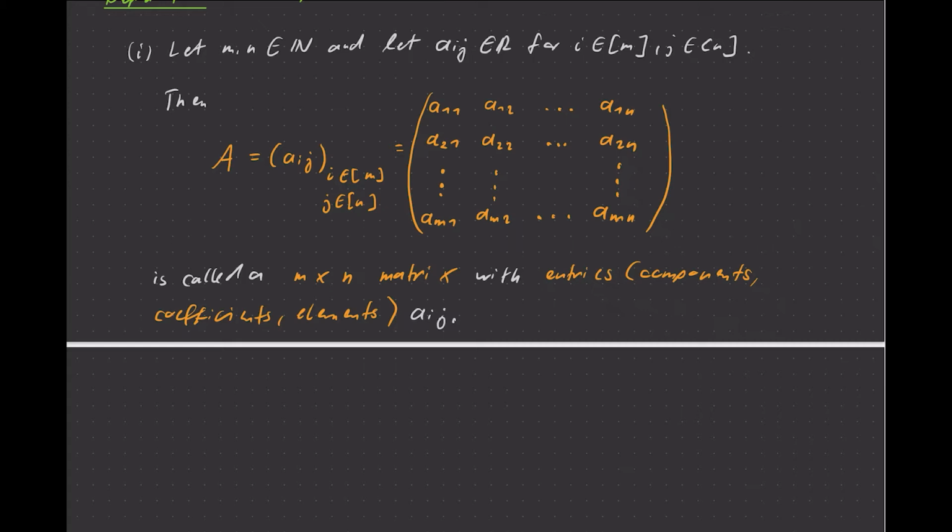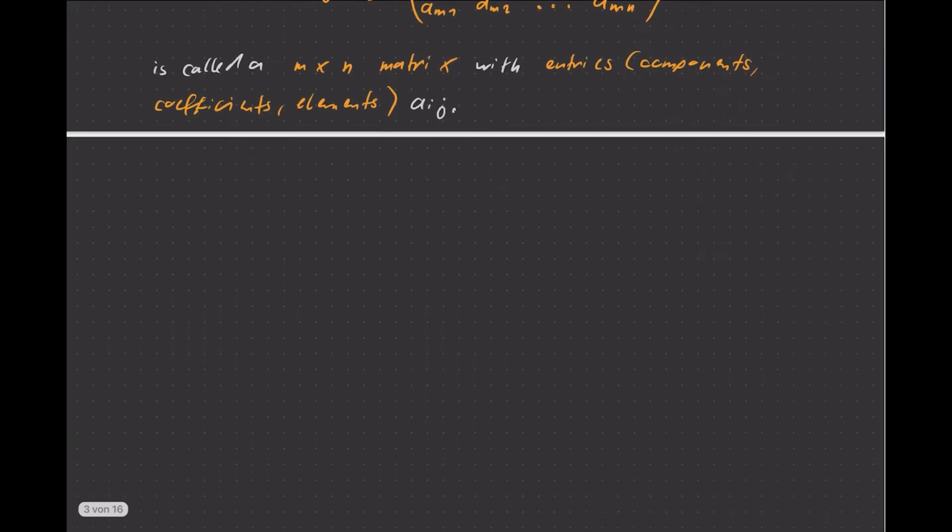There's also a handy abbreviation for the set of all matrices of a certain dimension. And that is written as, similar to the vectors, R to the m by n.